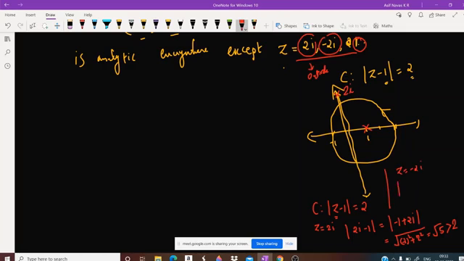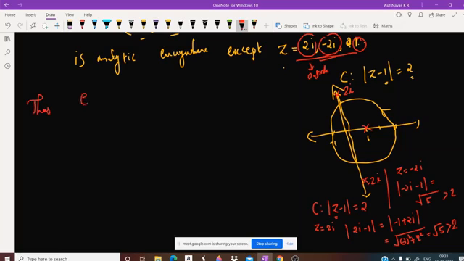Similarly, putting minus 2i minus 1, you will again get root 5, which is greater than 2. So minus 2i is also outside the circle. So z equal to 2i and z equal to minus 2i are outside the circle.